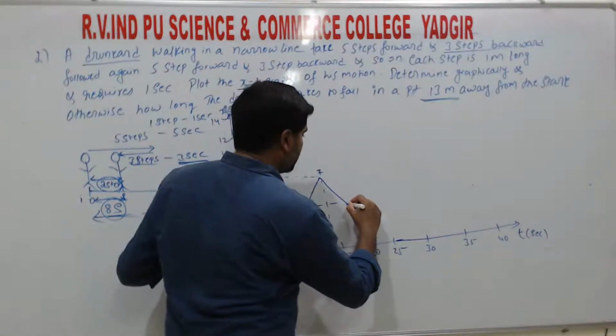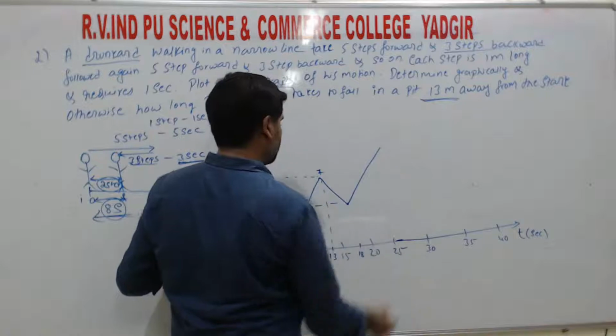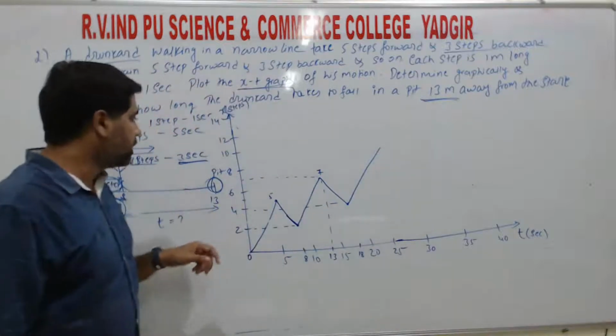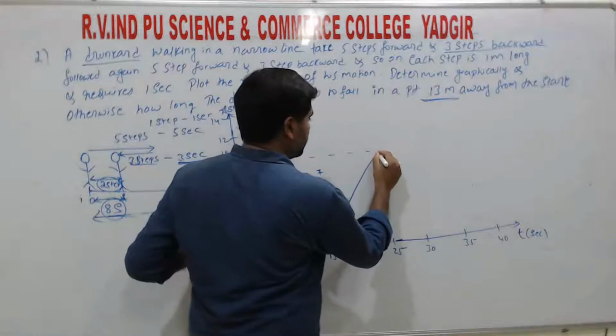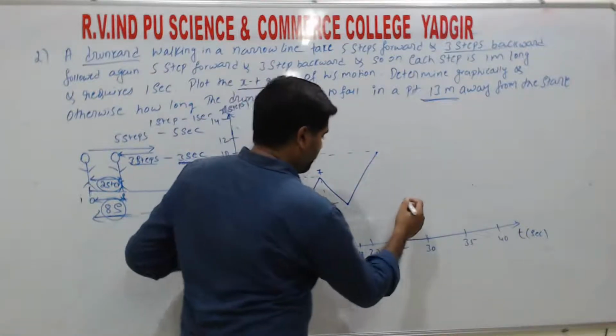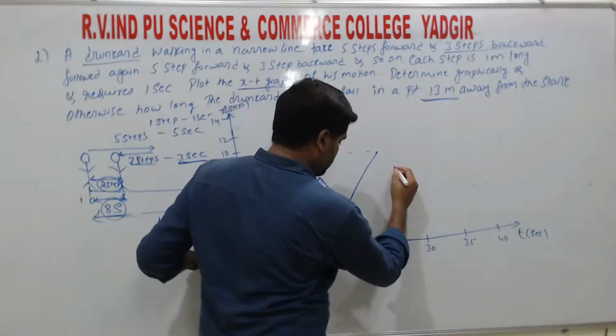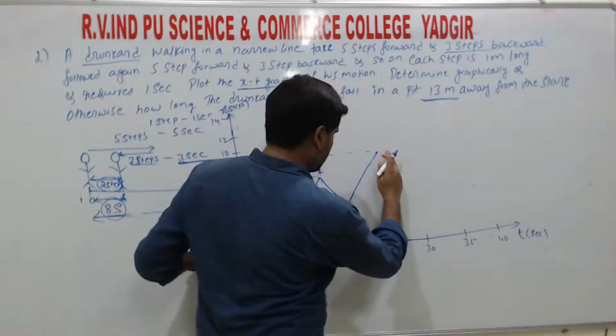Again 5 steps, 4 plus 5, that is 9, and 18 plus 5 is 23.